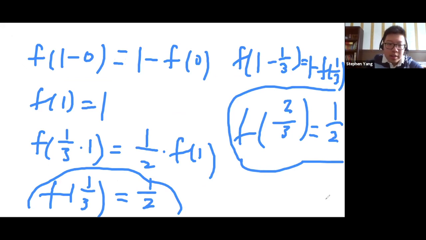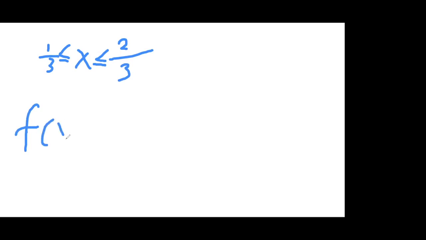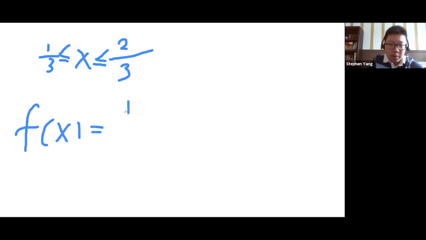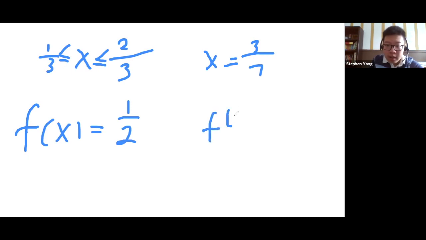So when x is greater than or equal to 1/3 and less than or equal to 2/3, then f of x is equal to 1/2. Now, x equal to 3/7 is between these two numbers, which means f of 3/7 would be equal to 1/2.